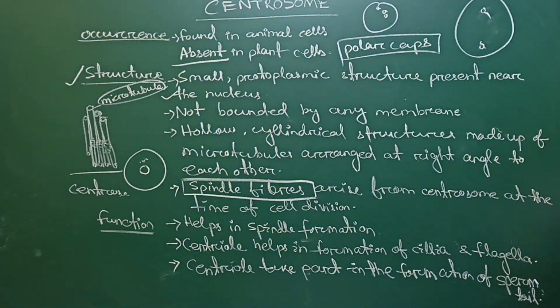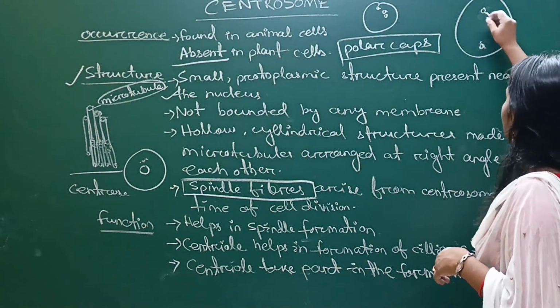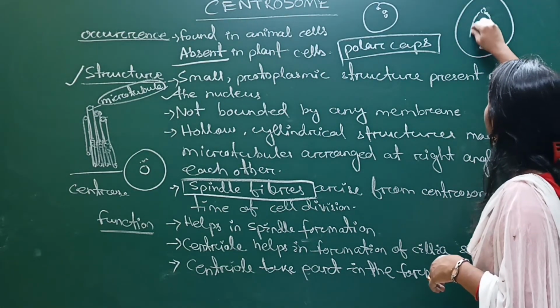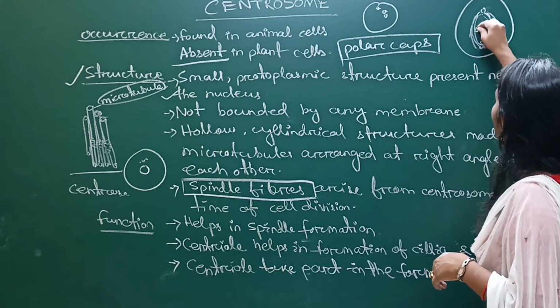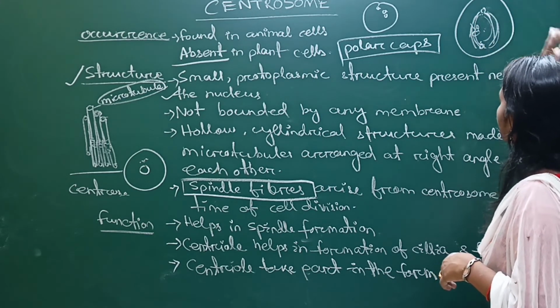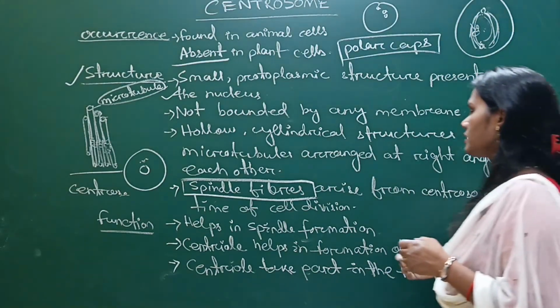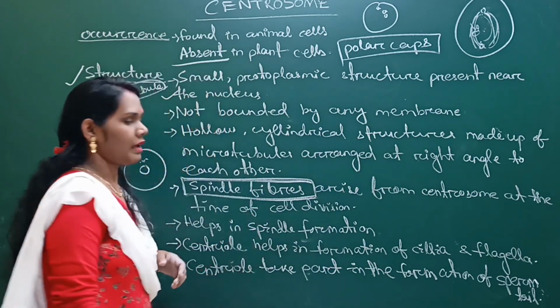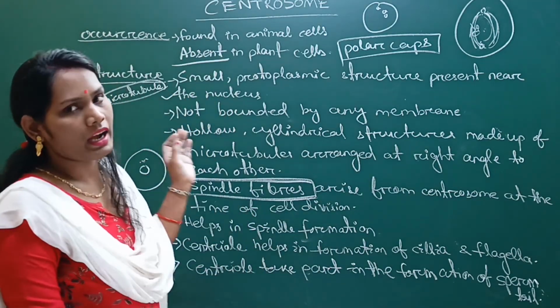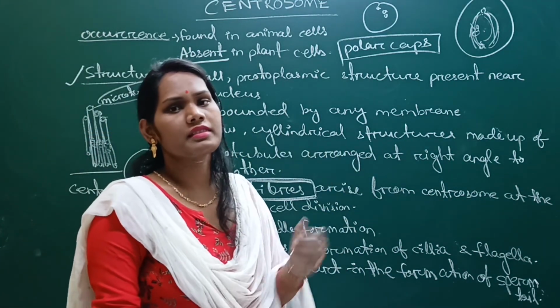At the time of cell division, spindle fibers arise from the two centrioles, which attach to the chromosomes lying at the central position. So these spindle fibers arise from the centrosome at the time of cell division. So the centrosome has a major role in cell division.